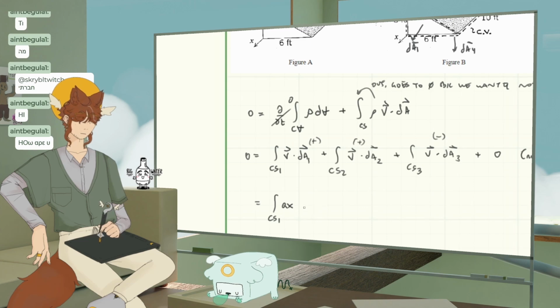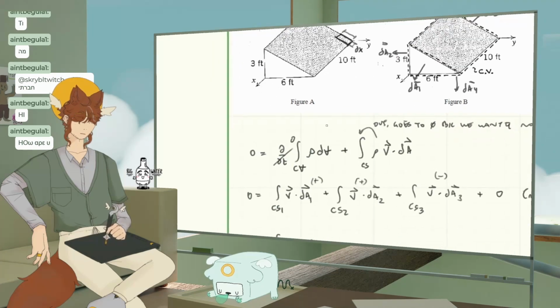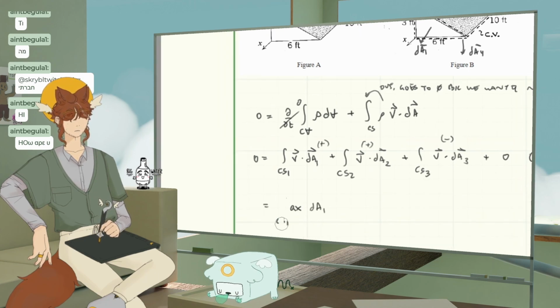But AX is gonna be, I mean, the X is not constant. But that velocity is uniform over, is it? It is uniform over control surface 1. So this would be AX times A1.